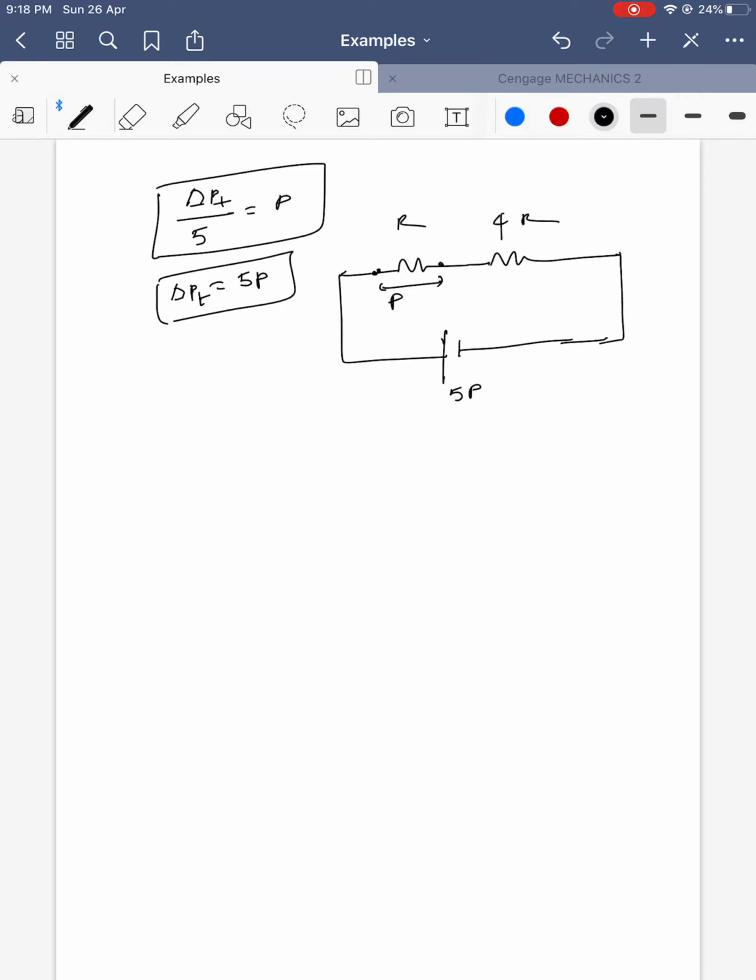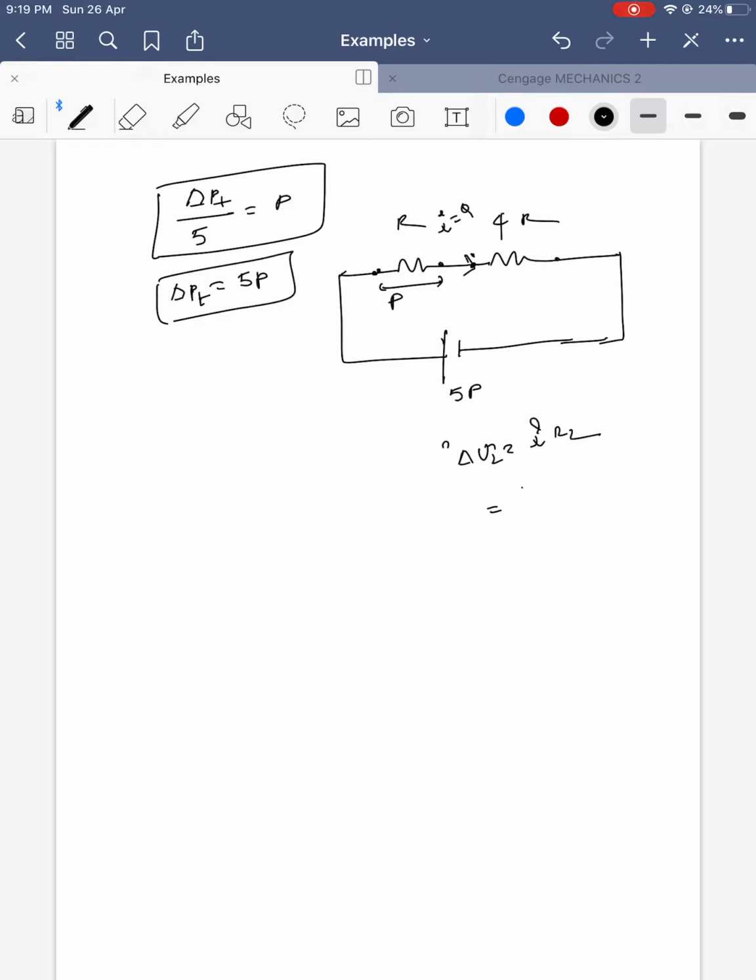How much will be the pressure drop here? We know I, which is nothing but Q, is equal to P by R. With V equal to IR, delta V2 is equal to I into R2.